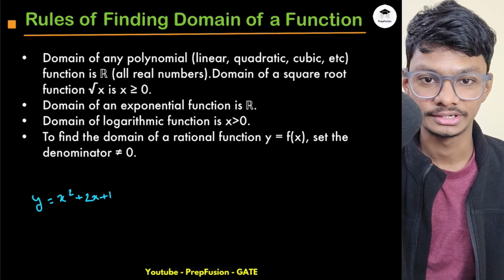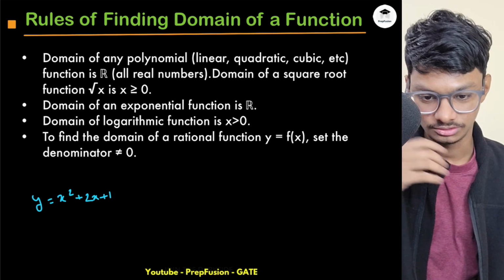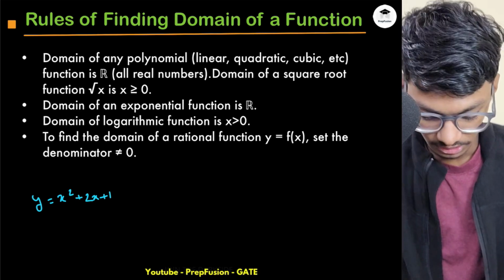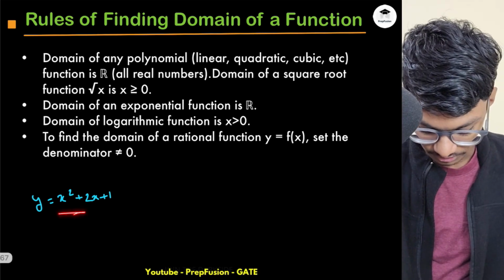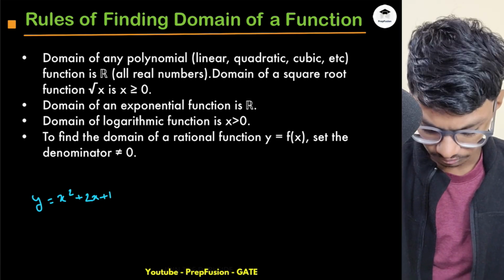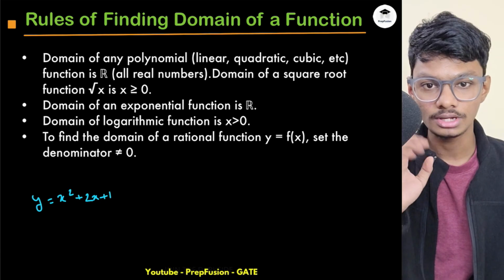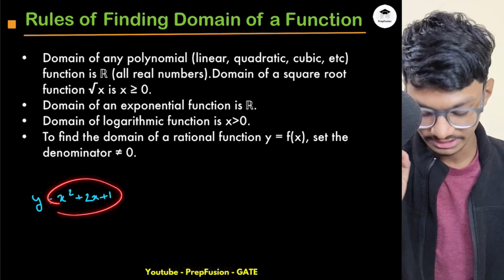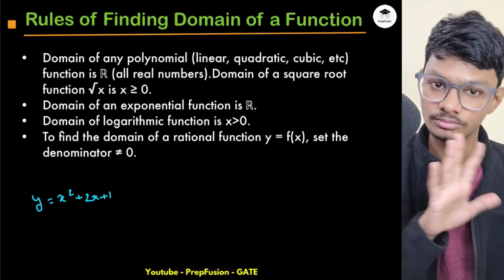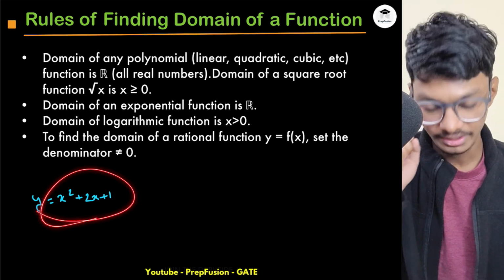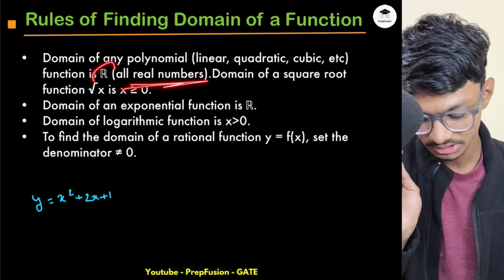Sorry for the interruption, actually the current went off. So as I was explaining, I have this function y equals x square plus 2x plus 1. What can I give as input to this? I can give anything, right? So x can be any value, negative, positive, any real number. That's why the domain is all real numbers.